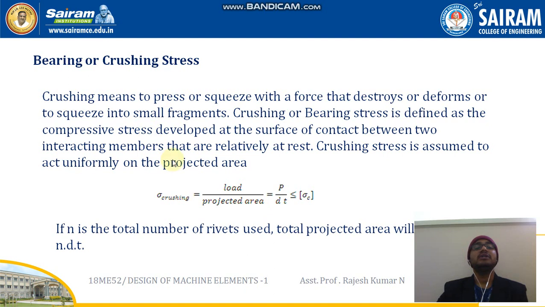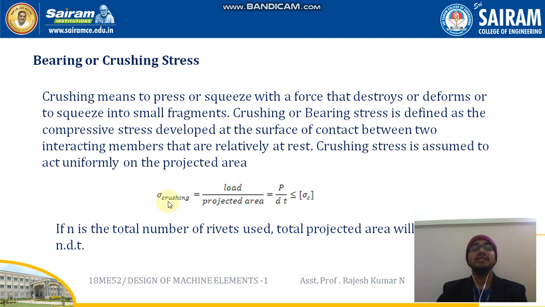Crushing means to press or squeeze with a force that destroys or deforms, and it squeezes into small fragments. So crushing or bearing stress is defined as compressive stress developed at the surface of contact between two interacting members that are relatively at rest. The crushing stress is assumed to act uniformly on the projected area.